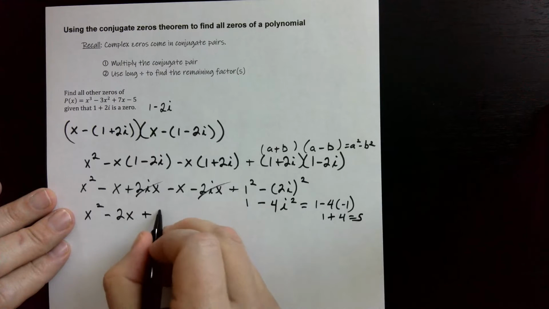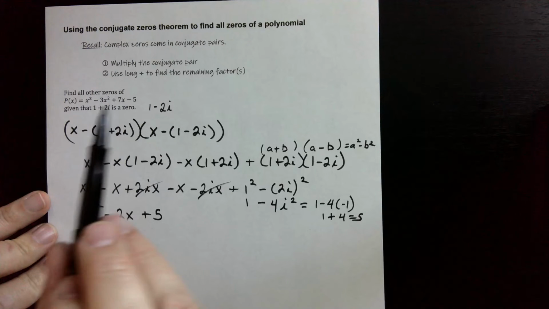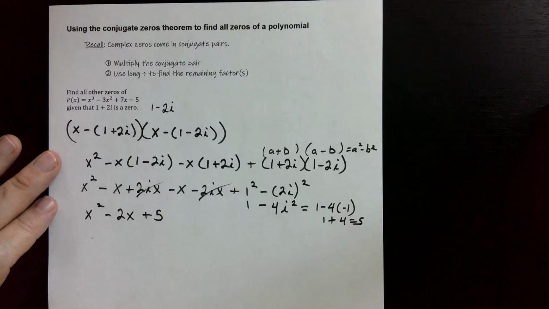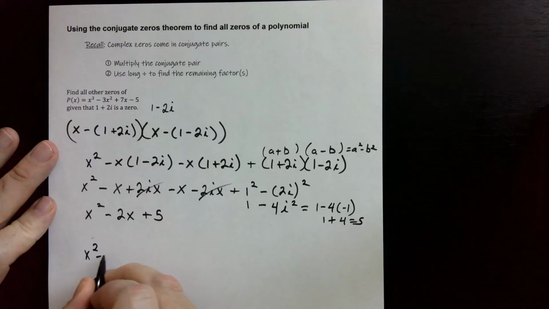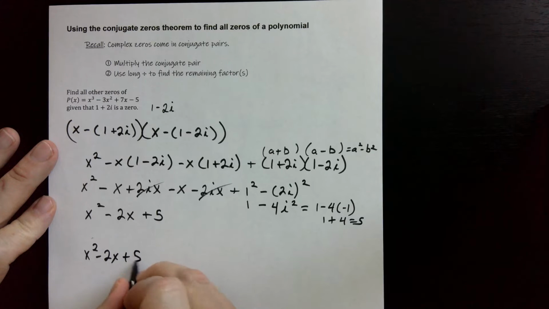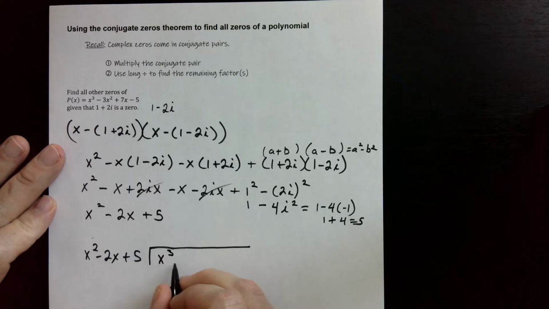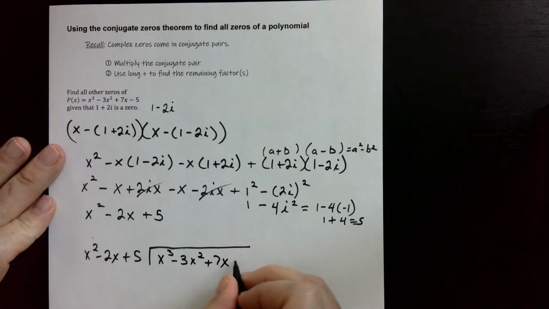Okay, so plus 5. Alright, so now that we have the quadratic, we're going to divide it into this cubic, and what's left will be the rest of the problem. Okay, so x squared minus 2x plus 5 divides into x cubed minus 3x squared plus 7x minus 5.